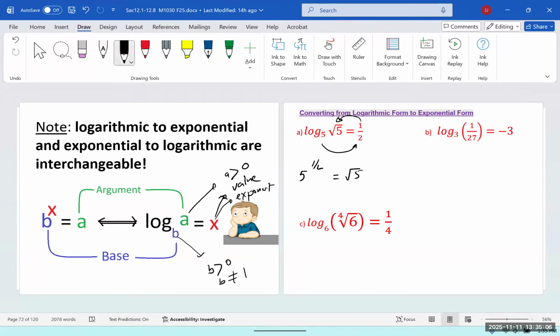And this is true. 5 to the 1/2 is the same as square root of 5. So you can check your work, whether whatever you have is correct or wrong. So you always start from the base. Base gets the right side as a power equals the argument.